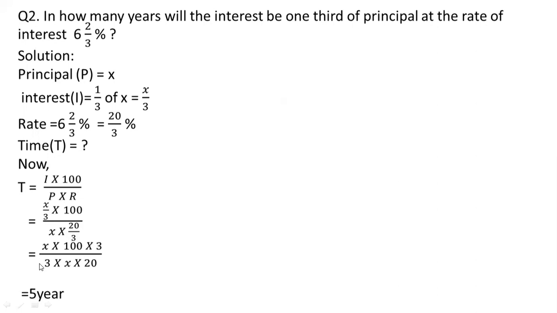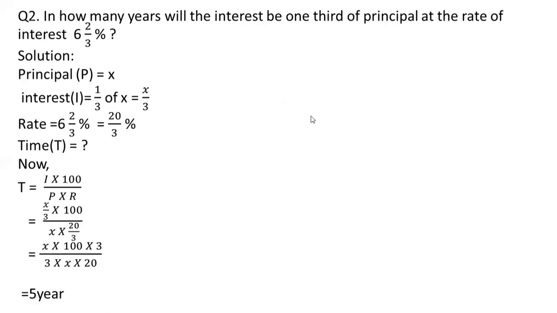And here is 20, and x is also cancelled. 20 into 5 is 100. Then 5 years is the time. In 5 years time the interest will be 1/3 of the principal, at the rate of 6 whole number 2 by 3 percentage per annum. Okay, this also you should not forget.